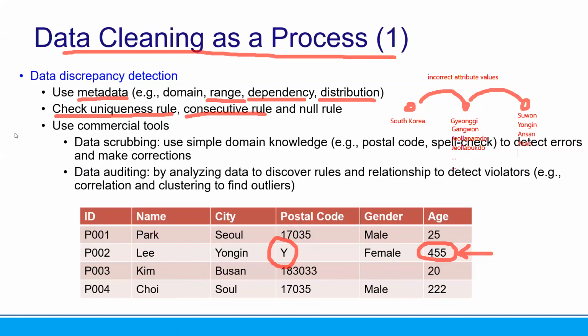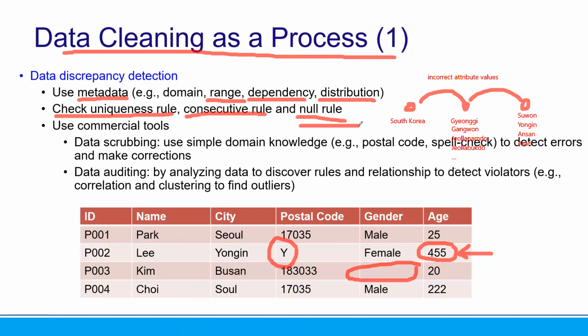Or we can have the null rule. So maybe this one is okay. Why? Because it follows the null rule. For example, in some cases, you can make your gender not visible.